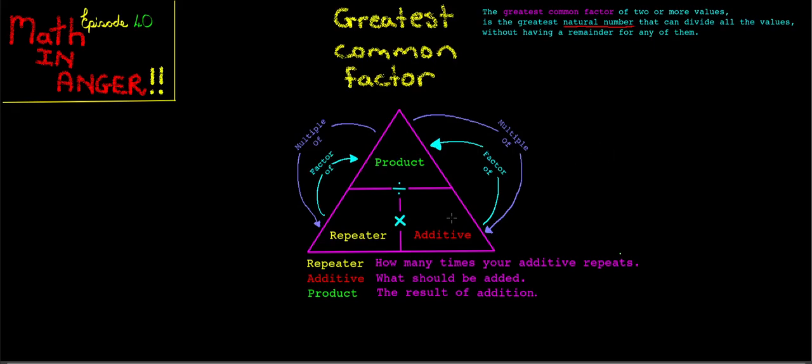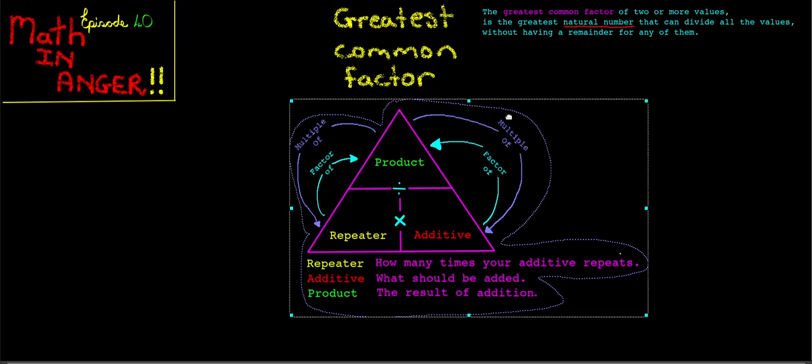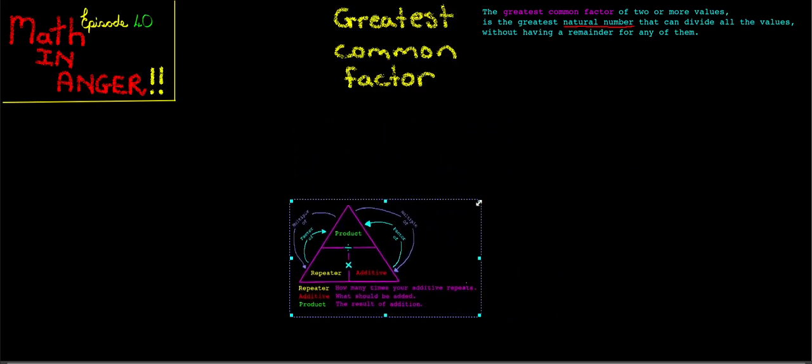And again, all it boils down to is what is the biggest additive that you can calculate a multiplication table for, that works for all the values that you're working with. And yes, you can do the greatest common factor calculations for more than 2 values. At school, it's typically only 2. But yeah, it becomes useful in other cases as well.